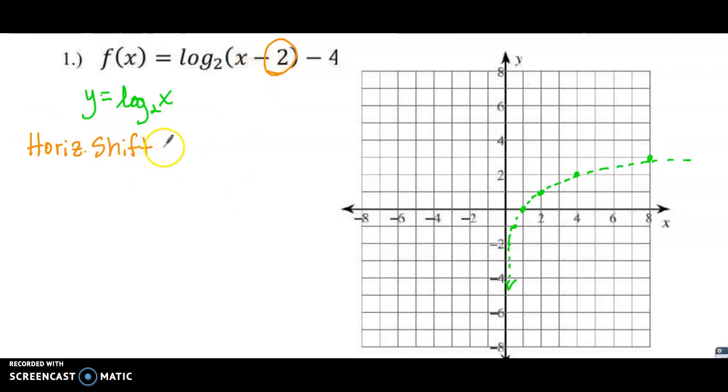It goes opposite, and since it's minus, we're going to be going to the right, and we're going to go 2 units. So each point moves to the right 2 units: 1, 2, 1, 2, 1, 2. I could move that one over, and this one would be here. Remember, we have a vertical asymptote, so it will also move over 2 units.